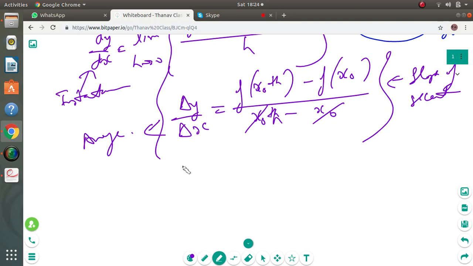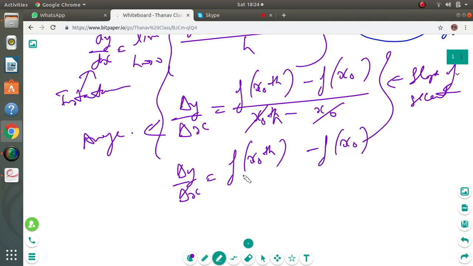So here delta y by delta x is given as f of x naught plus h minus f of x naught, whole divided by h.